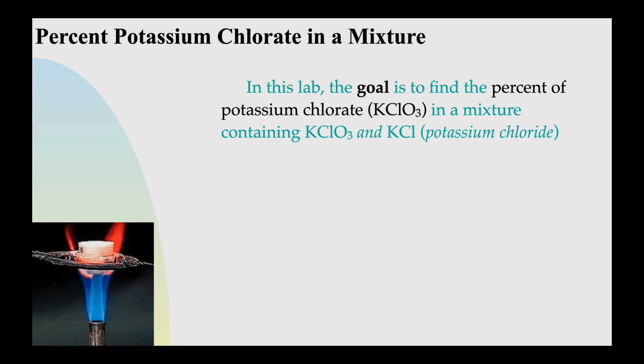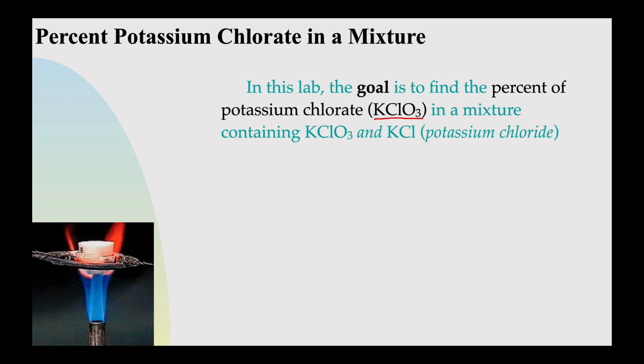In the percent potassium chlorate in a mixture lab, the goal is to see how much potassium chlorate is in your mixture. Potassium chlorate is KClO3, and KClO3 is a pretty active compound. It's used in things like fireworks and certain types of gunpowders, as I understand. The KClO3, which starts pure, is reactive and does decay a little bit over time.